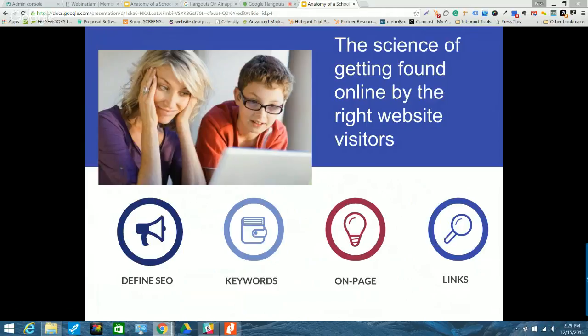So think about this, like when you do a press release and you get linked back from an article in a local newspaper back to your site, Google says, oh, wow, this other website that we think has a lot of authority in this local community is linking back to this other site that doesn't have as much authority. Well, it increases your authority to Google. So that's a simple explanation of what we mean by links from off-page SEO. So there's a lot of things you can do there.